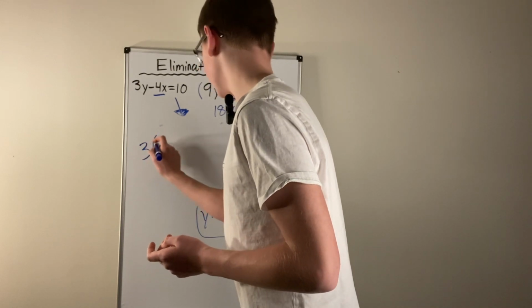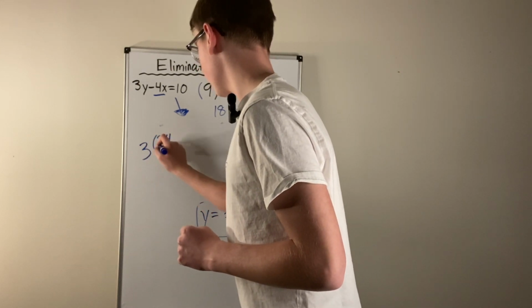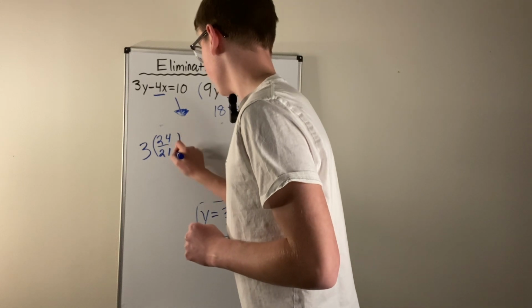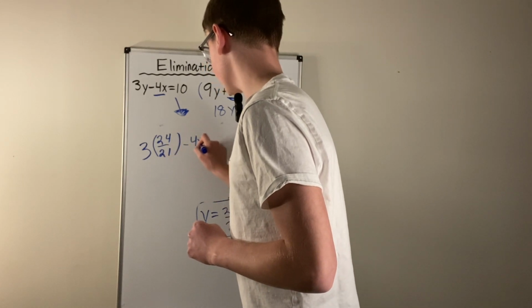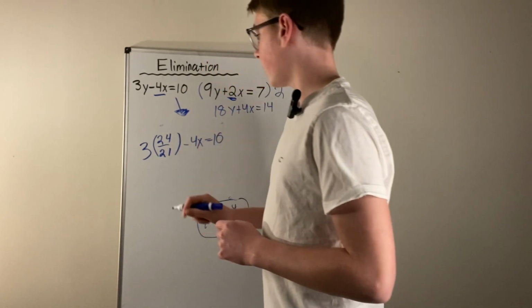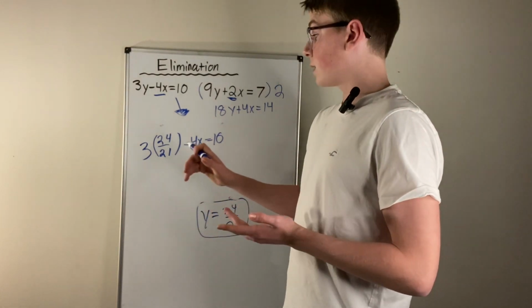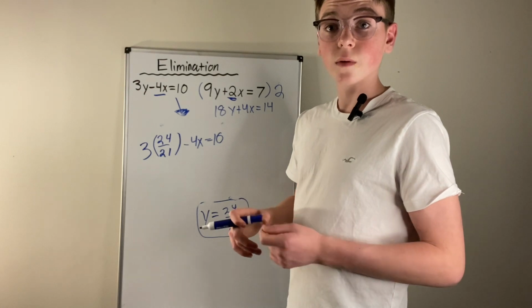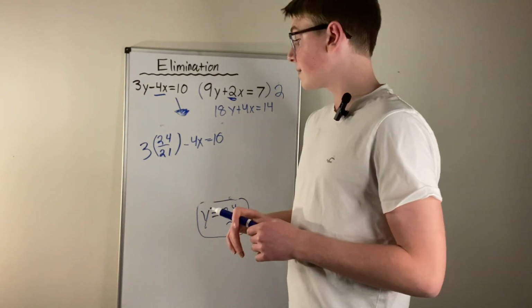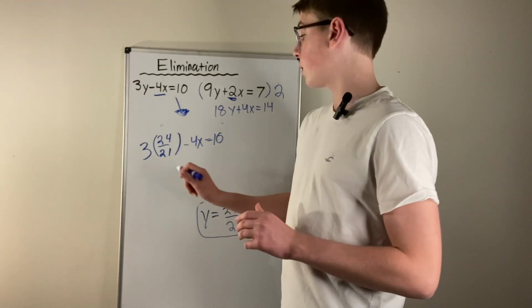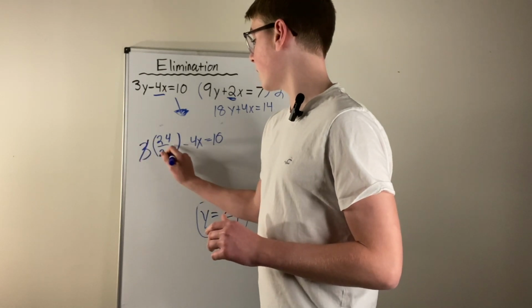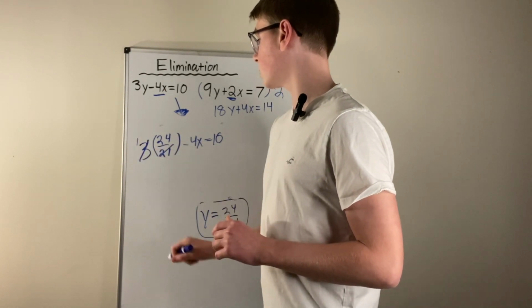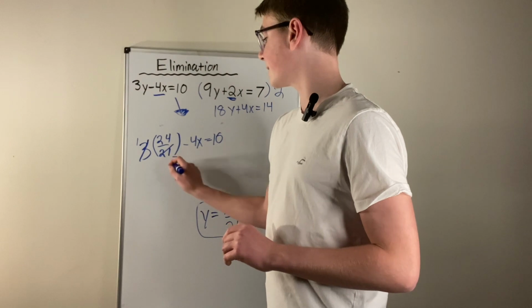So 3 times 24 over 21 minus 4x equals 10. Well, first, I could multiply 24 times 3, but I'm not going to do that. I'm going to cancel this 3 and this 21. This 3 turns into a 1, and then this 21 turns into a 7.